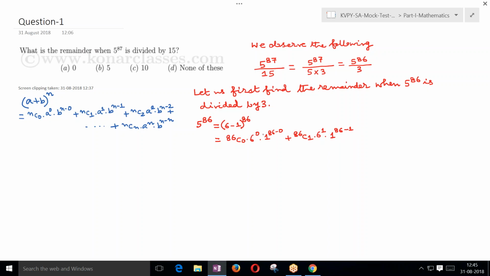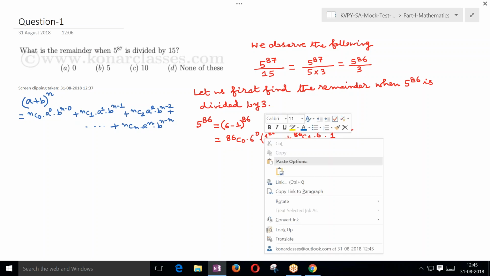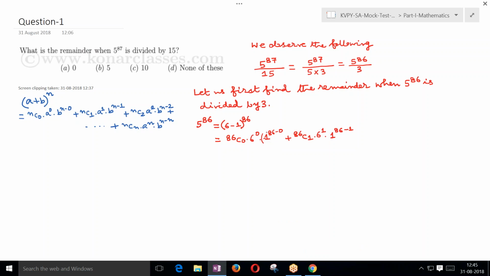By the way, here one thing will happen. It is not exactly 1. It has to be minus 1. So here also it will be minus 1 power, and then 86C2 into 6 power 2 into minus 1 power 86 minus 2.